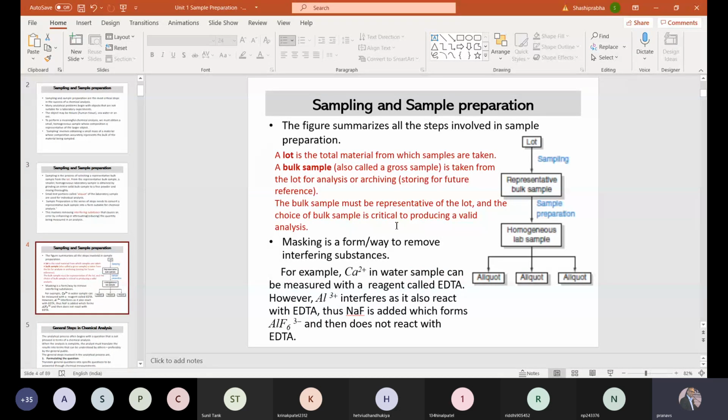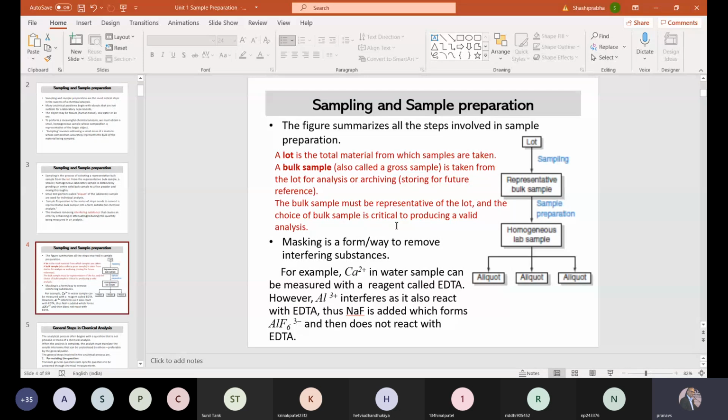Now, this is what the entire thing represents in this form. You have a lot, meaning a large amount of sample in front of you, and then you take a small amount of sample, of course by defining that sample, in such a way that it is a true representative of the entire bulk or the entire lot of the real sample which was available to you.